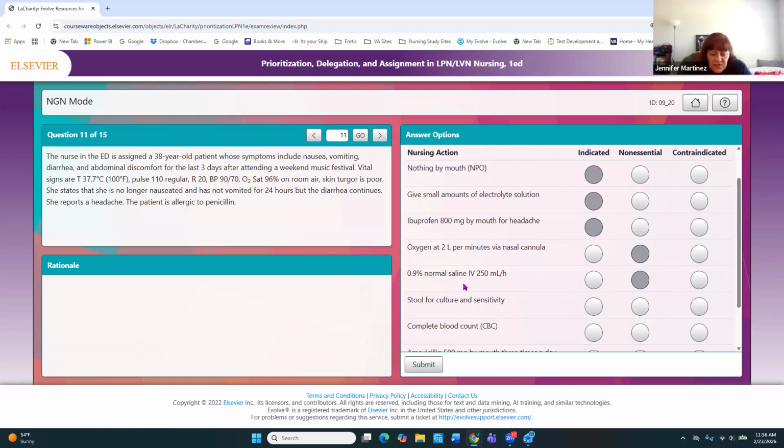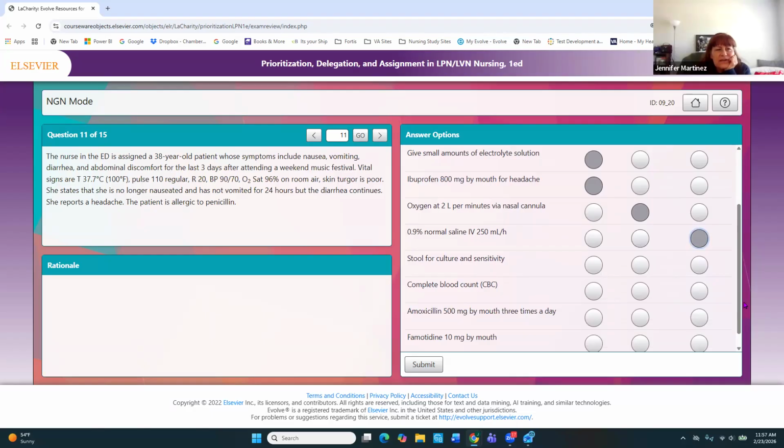Normal saline IV at 250 mLs per hour. Indicated, non-essential, or contraindicated. I would say contraindicated. Okay. Stool for culture and sensitivity.